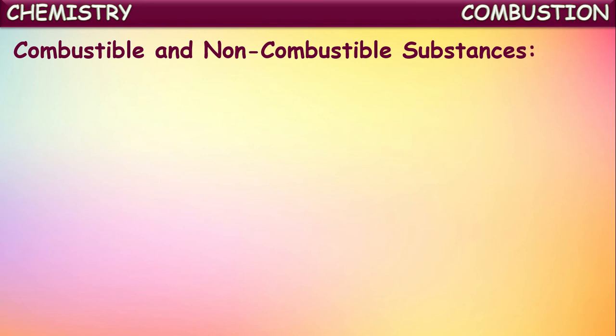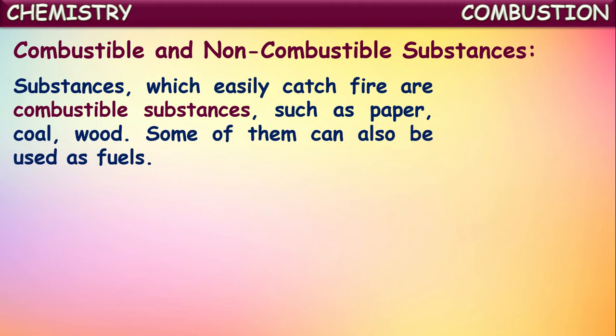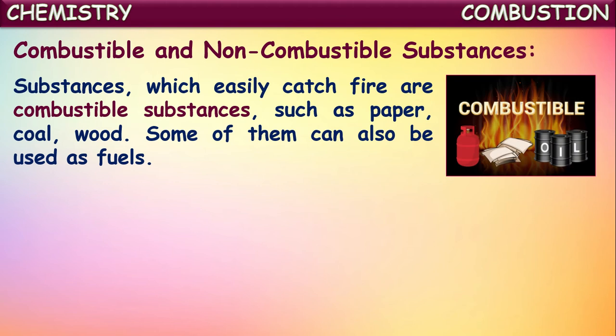Combustible and non-combustible substances. Based upon their behavior towards burning in the presence of air, substances can be classified into two types: combustible substances and non-combustible substances. Substances which easily catch fire are called combustible substances, such as paper, coal, wood, petroleum gas.